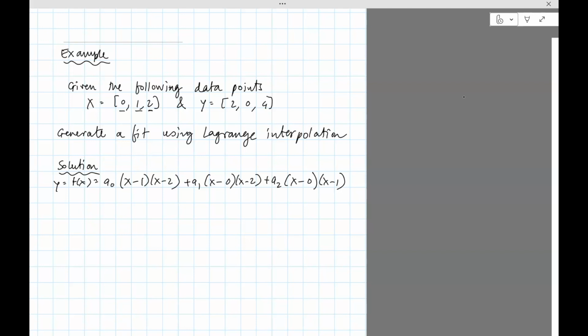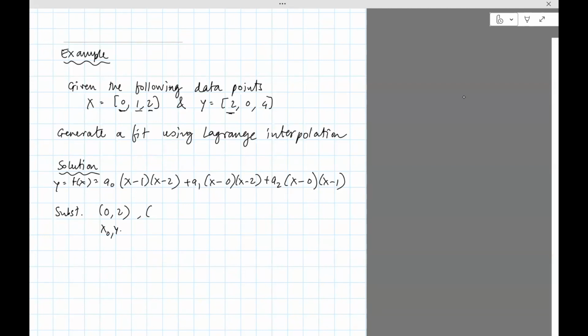Okay, so why don't you try computing a0, a1, a2 yourself? Let's see if you can do it. So substitute 0, 2. So I took 0 from here, 2 from there.